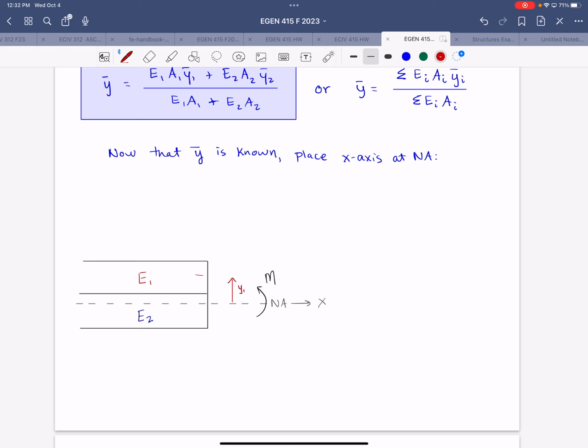All right, so that would be a variable distance to some arbitrary point within area 1. And then for area 2, assuming the neutral axis lands in area 2, that variable distance y for area 2 could be positive or negative, depending on what point you're evaluating.